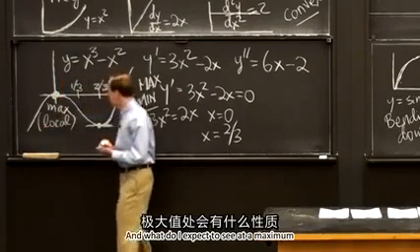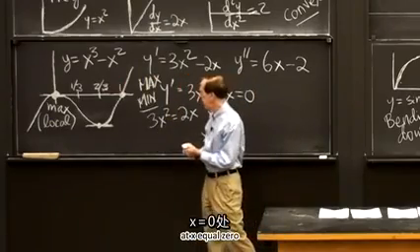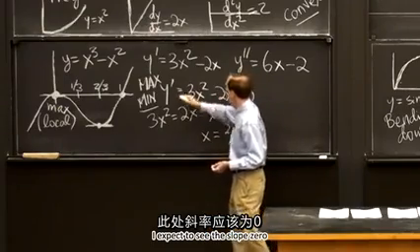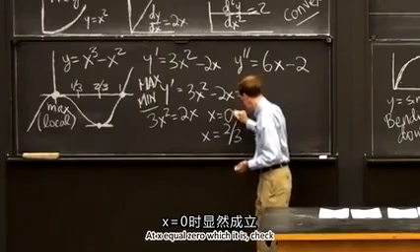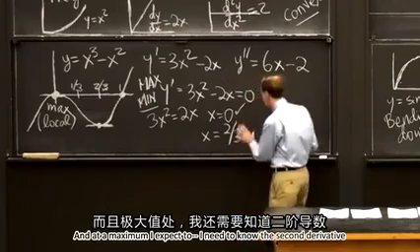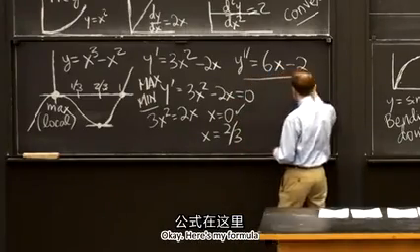And what do I expect to see at a maximum? At x equals 0, I expect to see the slope 0, which it is. Check. And at a maximum, I need to know the second derivative. Okay, here's my formula.